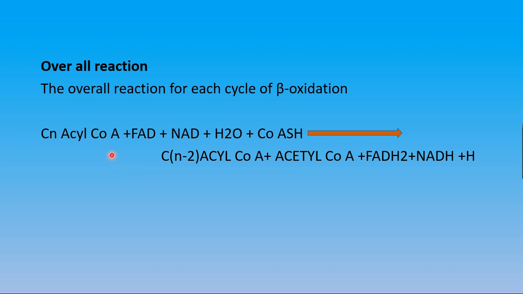That means one fatty acid called palmitic acid, containing how many carbons? 16 carbons, will undergo 7 beta oxidation cycles and gives rise to 129 ATP molecules. Okay, so this is how we get so much energy from the oxidation of fatty acids.